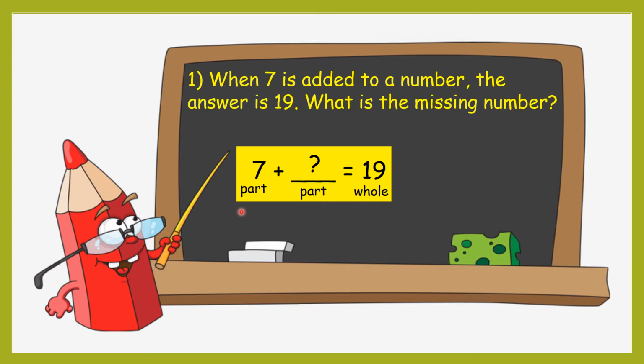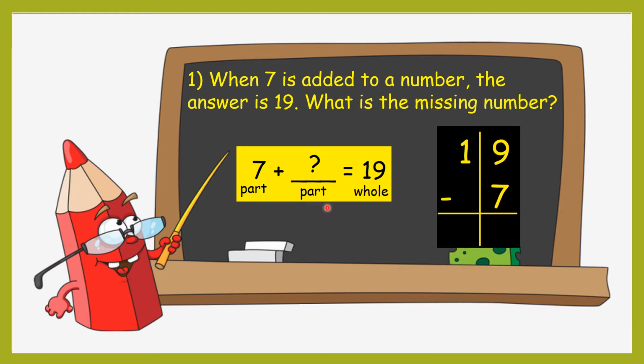So here we have this part plus part is equal to whole. Now, one part is missing. Do you remember what we do if one part is missing? We minus. So here we can do our column method to find what is the missing number.